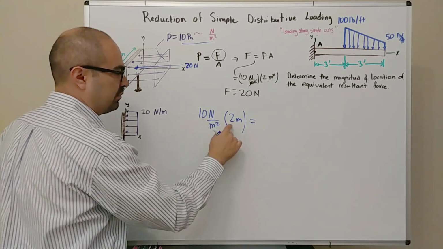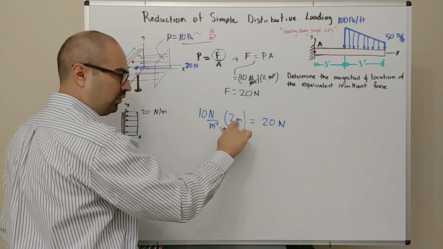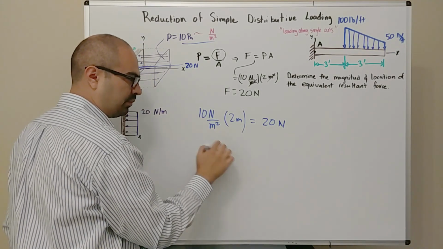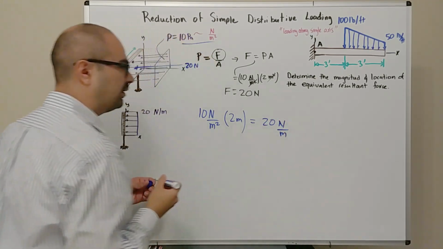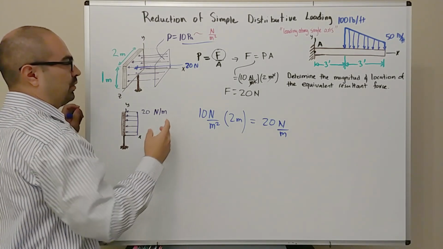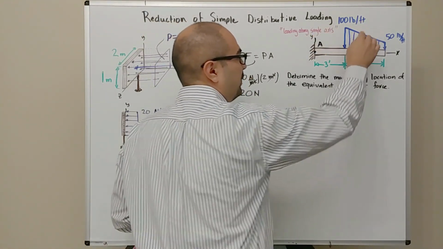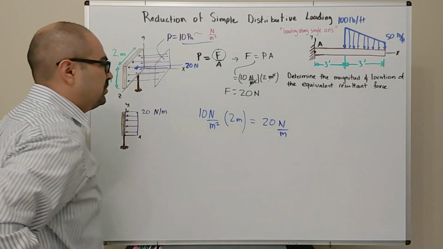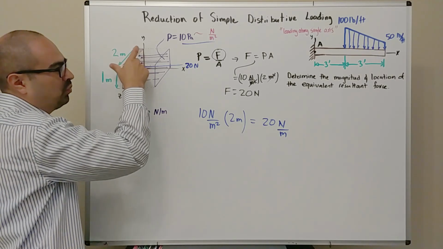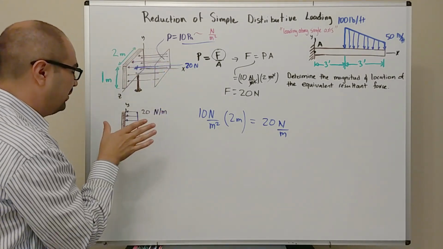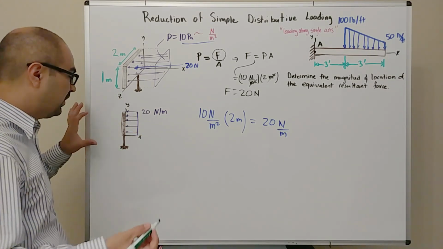What I get is 10 times 2 is 20 newtons, and then one of the meters from the top is going to cancel with one from the bottom, and we have 20 newtons per meter, right? So another way to look at this is, anytime you see a distributed loading of a force per distance, just remember that this probably came from a pressure, and we already multiplied by this width to simplify and look at this problem in 2D.